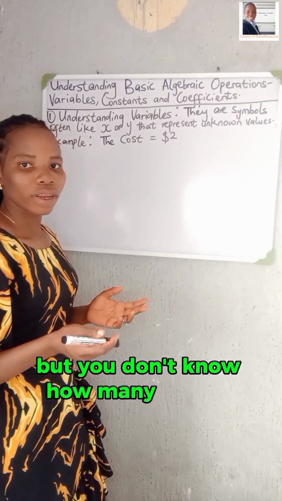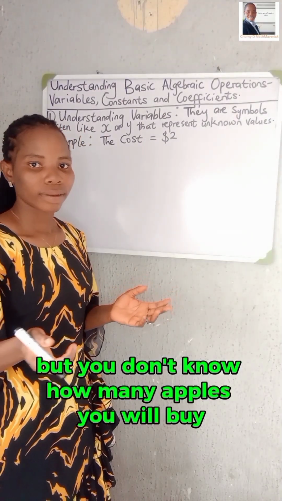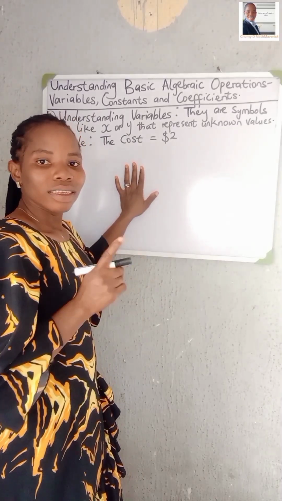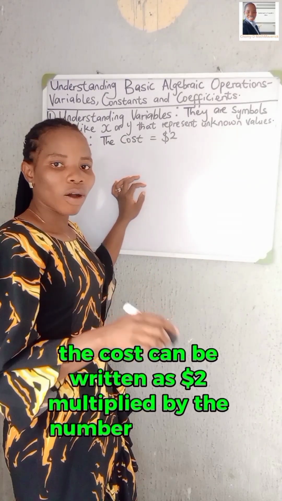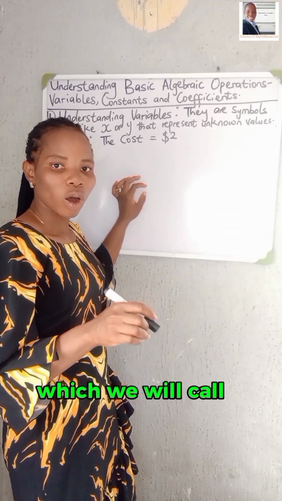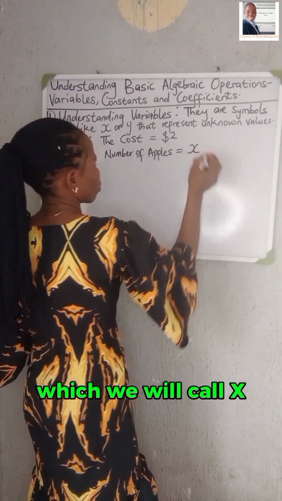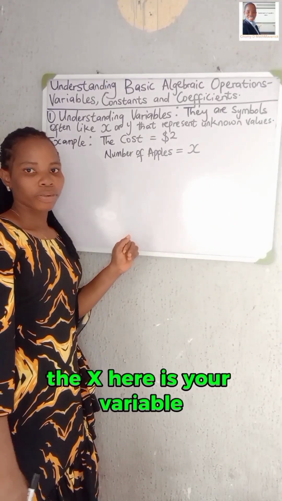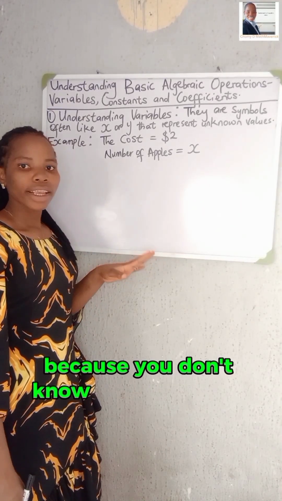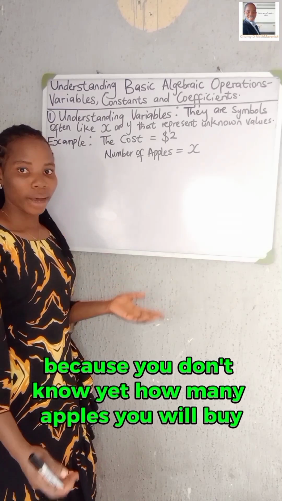But you don't know how many apples you will buy. So here, the cost can be written as $2 multiplied by the number of apples, which we will call X. The X here is your variable because you don't know yet how many apples you will buy.